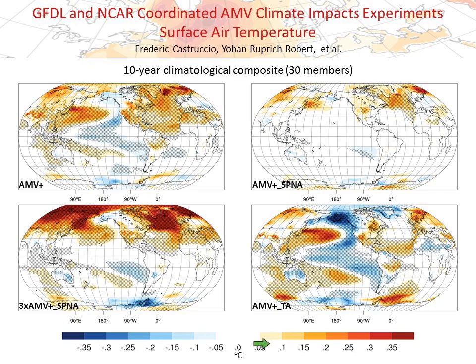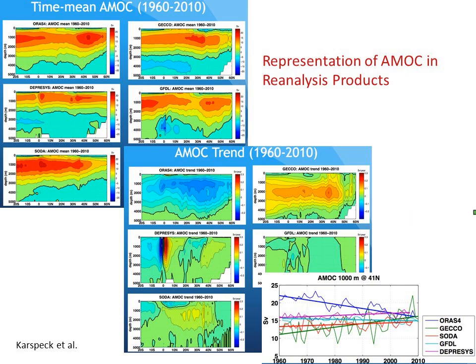And finally, I wanted to show you a reanalysis product comparison. This was actually discussed quite a bit in the Seattle meeting. These show the representation of AMOC in reanalysis products. The top panels show the time mean for the 1960-2010 period from 5 reanalysis products.